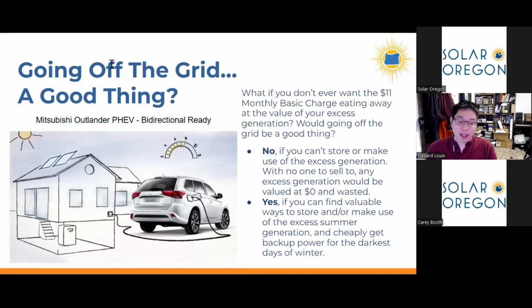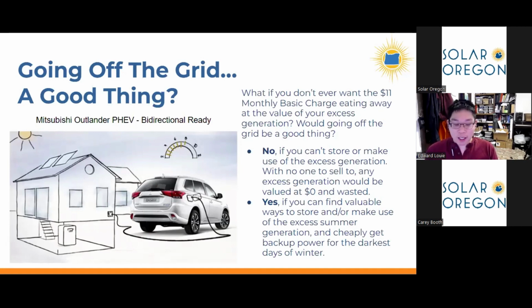Well, luckily we have the technology now of vehicle to home and vehicle to grid, and that technology is ramping up pretty quick. Mitsubishi's Outlander is already vehicle to home ready. So you don't have to have a stranded resource that you only use a handful of days a year, like a backup generator, if you're off the grid for those 5 or 7 days out of the year when it's so cloudy that you run out of battery and run out of solar.